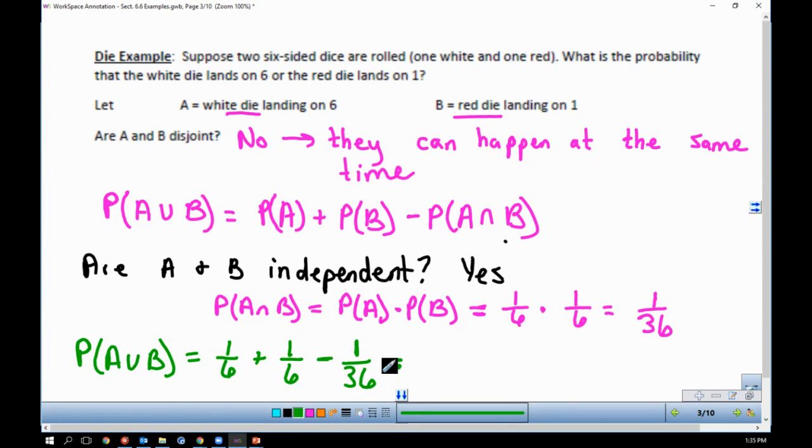Are we supposed to do a fraction form or? Let's do fraction on this one. So, 11/36. Questions on this one?